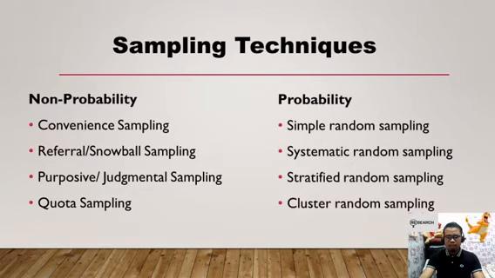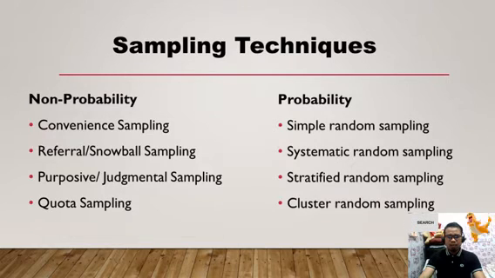Under non-probability sampling, you have convenience sampling, referral or snowball sampling, purposive judgmental sampling, and quota sampling. We have simple random sampling for probability sampling. We have systematic random sampling, stratified random sampling, and cluster random sampling.